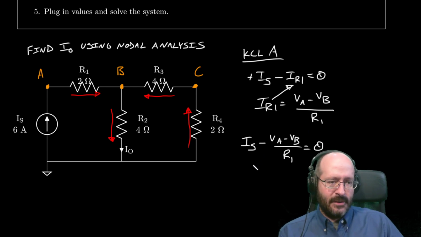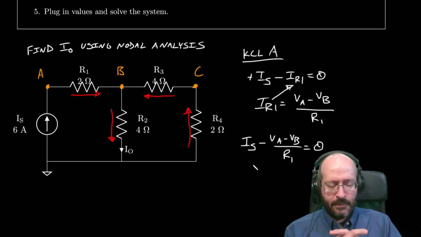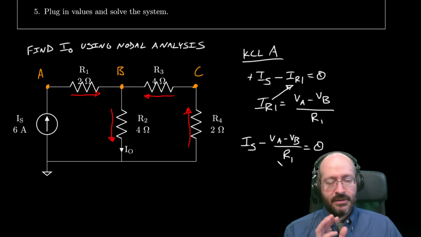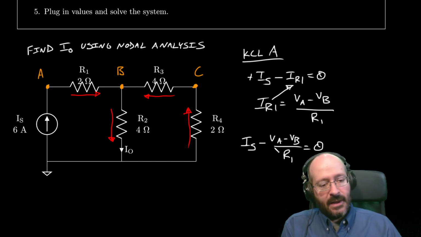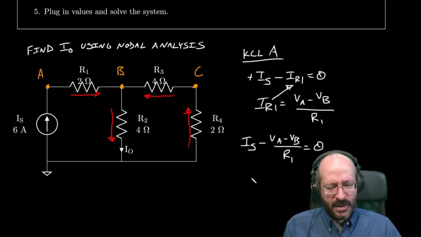I want an equation that I can put into a linear system in matrix form. So I've got to do a little bit of rearranging. This is a constant. I'm going to bring that over to the other side. When I break up this fraction, just make sure you know how to break up fractions and do it correctly. R1 is going to be in the denominator on both of them. I see some creative algebra there sometimes.